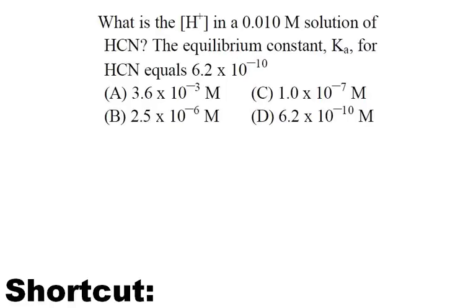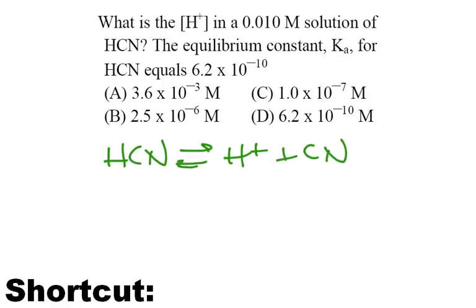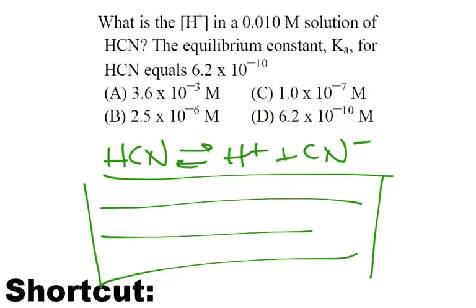Okay, look at this question for a moment. When you try this, you might notice that this is a really standard ICE box problem. So we have HCN double arrow H plus, CN minus, and we have our initial concentration, 0.01.